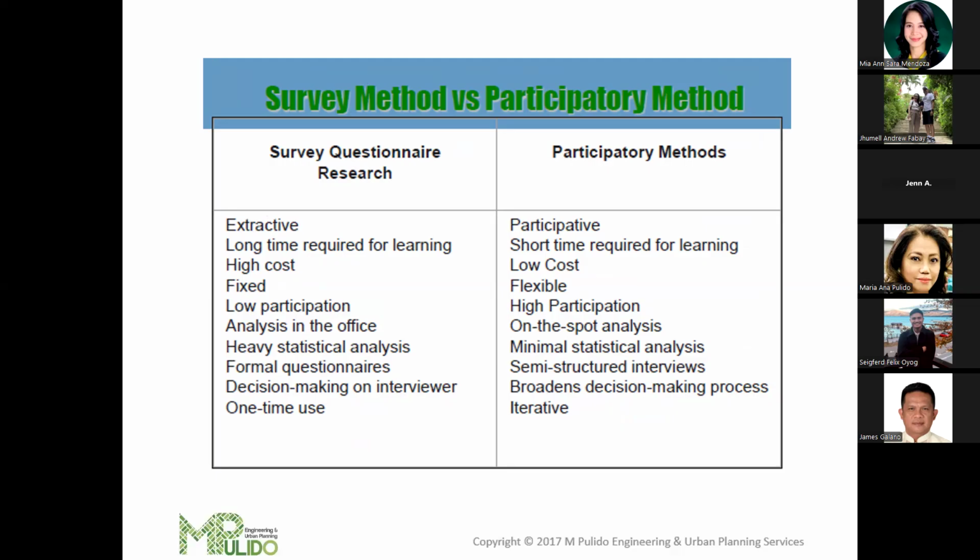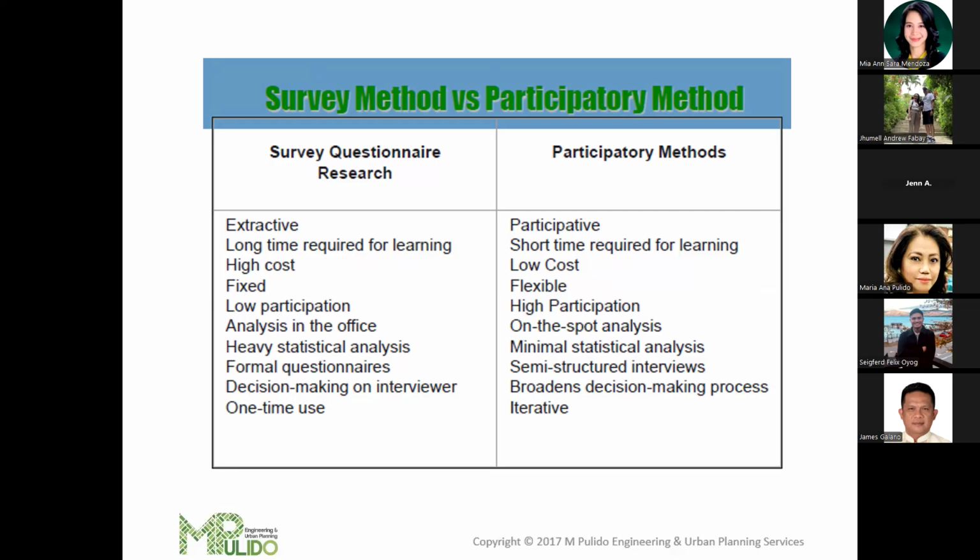So, about the questionnaire, this approach is extractive. For example, we go to a community and administer a fixed questionnaire and collect data primarily for our use as planners and or researchers. So the learning curve is long, costs are high, and participation is typically low.